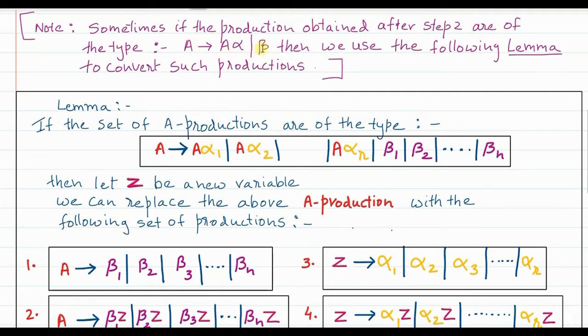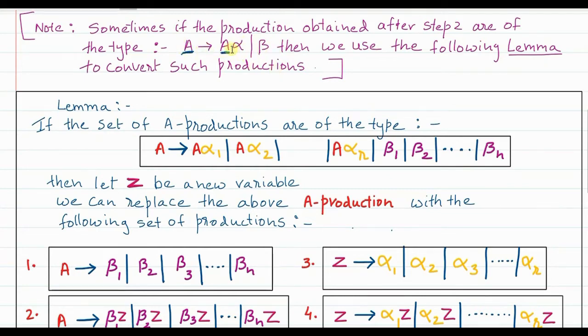Whatever non-terminal is on the left hand side, the same non-terminal appears as the first symbol of a term on the right hand side. If the left hand side non-terminal also happens to be the first symbol on the right hand side of a particular term, then definitely the production is of the type A gives A alpha or beta.